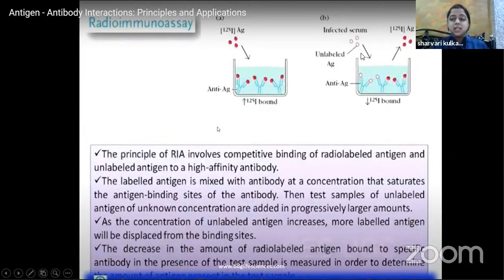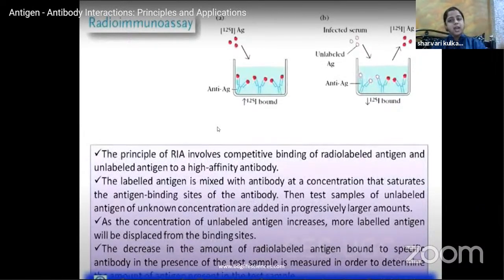Then we add the test sample. This test sample is the infected person's serum sample, which is added in a sufficiently large amount. What is the purpose? This large amount should displace the labeled antigen. As you add an increased amount of unlabeled antigen, there will be displacement of labeled antigen from the binding sites. What you measure here is the decrease in the amount of radiolabeled antigen.